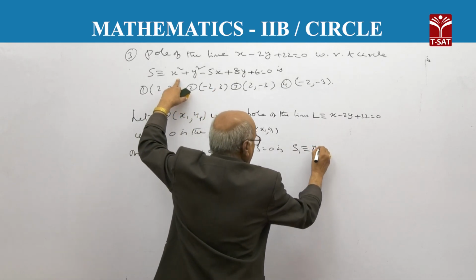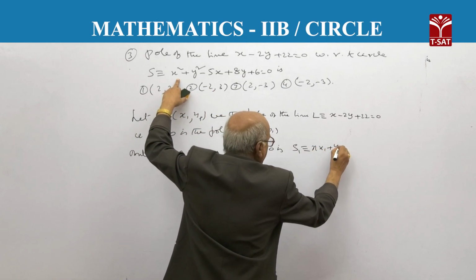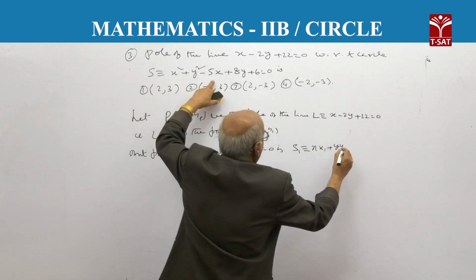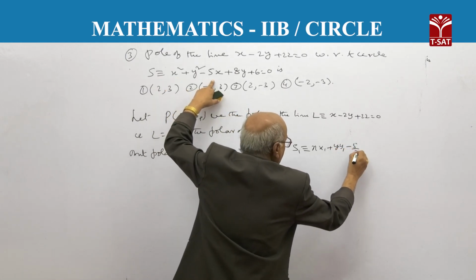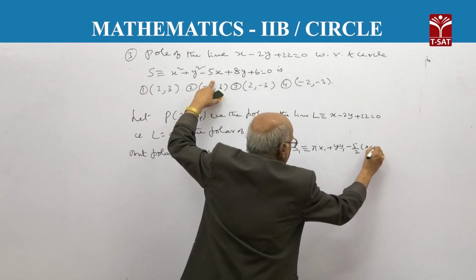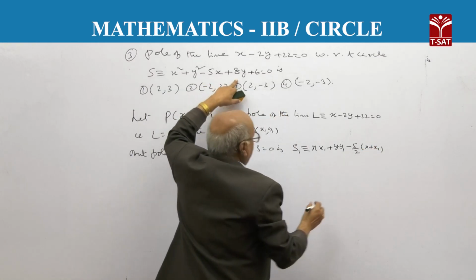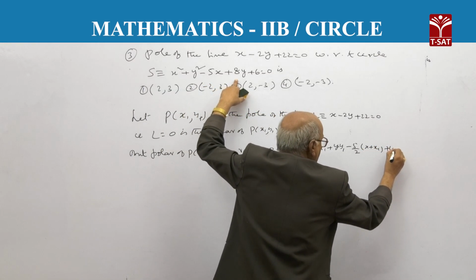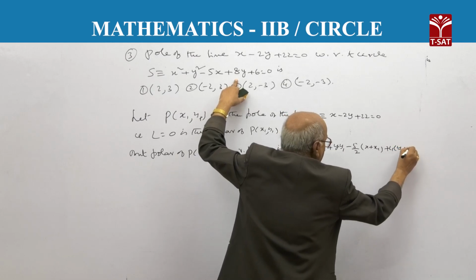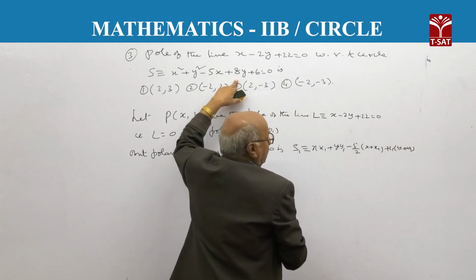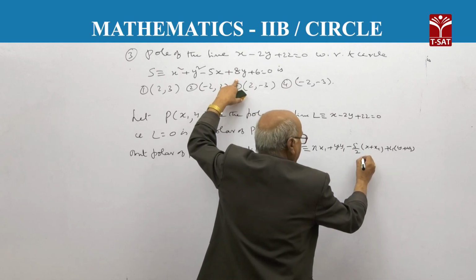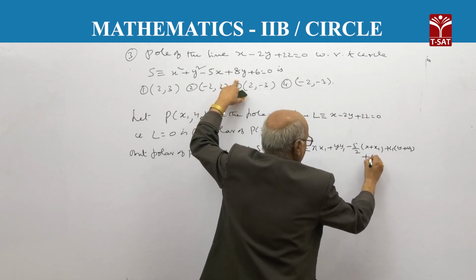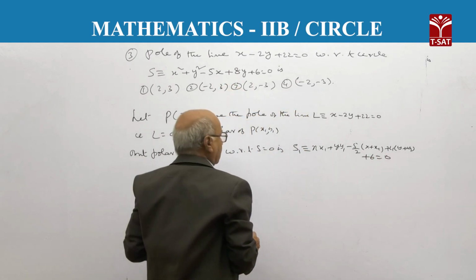xx1 plus yy1 minus 5 by 2 into x plus x1 plus 4 into y plus y1 plus 6 is equal to 0.